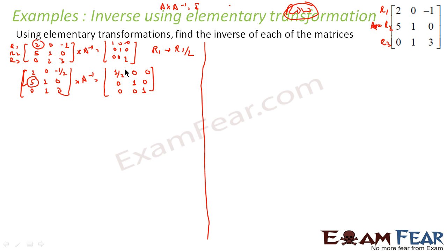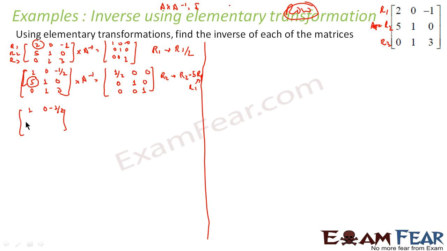So I can say that R2 is nothing but R2 minus 5 R1. Why? Because 5 minus 5 is 0. So let me do that. Other elements are correct, the only row that makes a difference is R2.